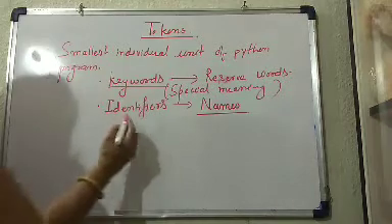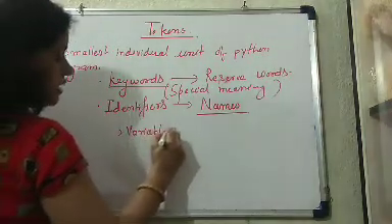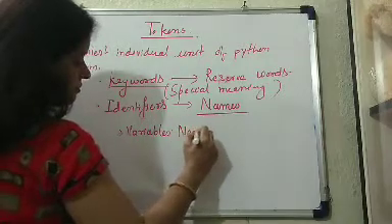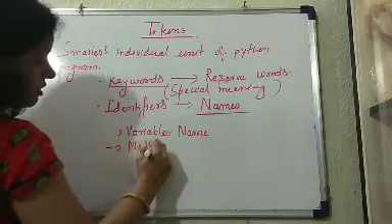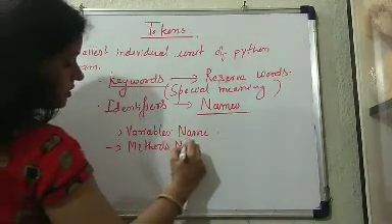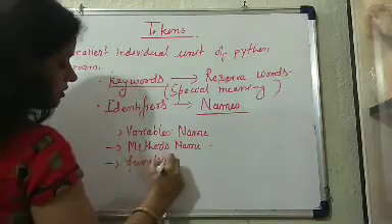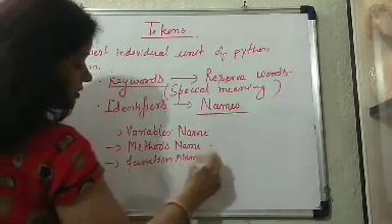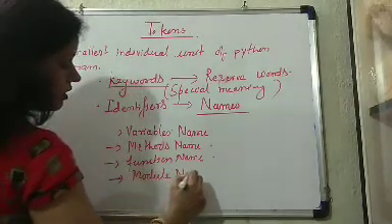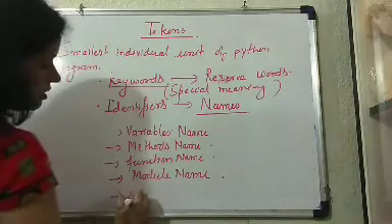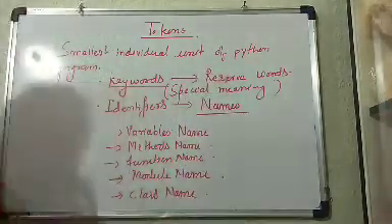So let us see what identifiers there are in the Python language. In Python there are variable names, method names, function names, module names, class names, right?